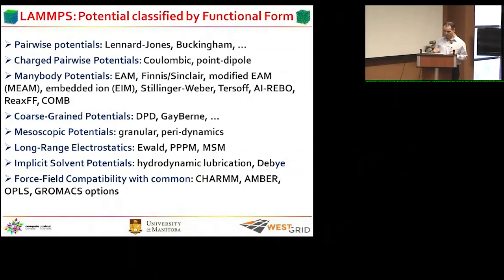There are many methods to reduce the time. For example, I talked about the neighbor list. Since the interactions are limited to a certain cutoff, we just compute the interaction inside the sphere. In some systems, it's possible to do something different.